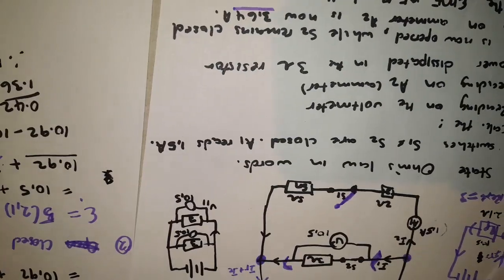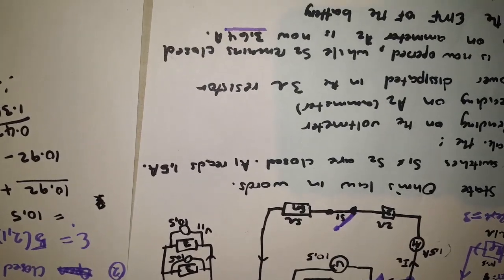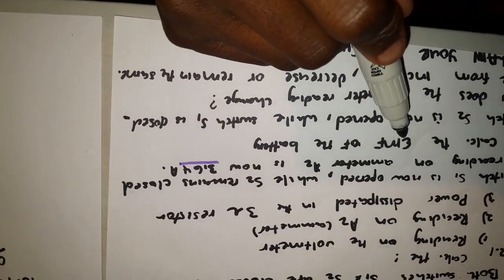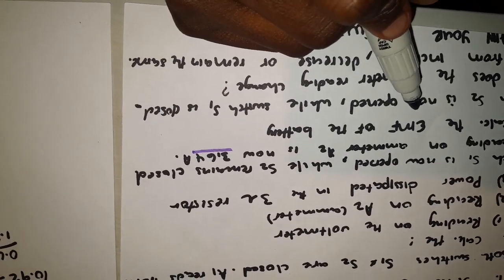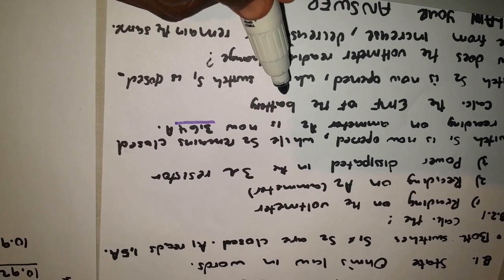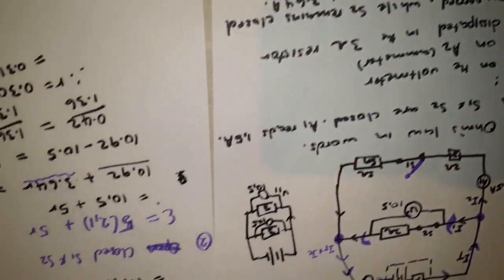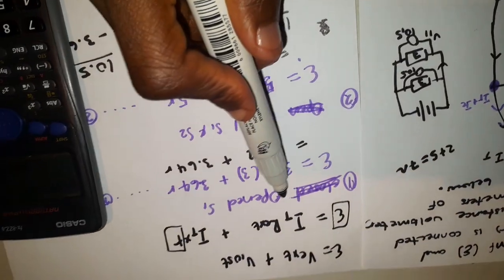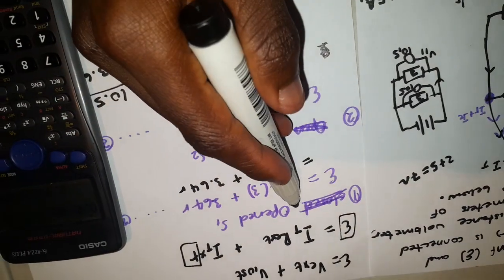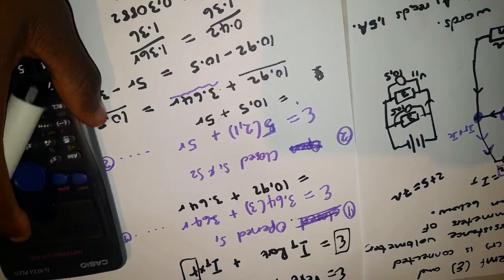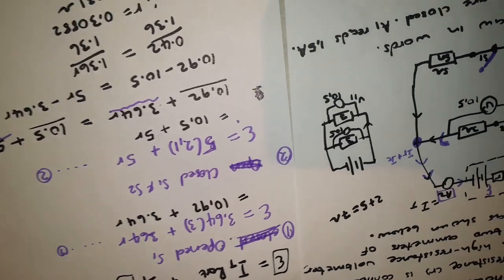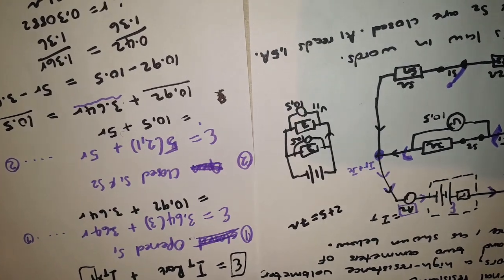So now we have found our R, but we are not yet done because we need to find the EMF of the battery when S1 is now opened. When S1 is opened, we're still going to use this. And remember, R remains the same because it's the same battery.